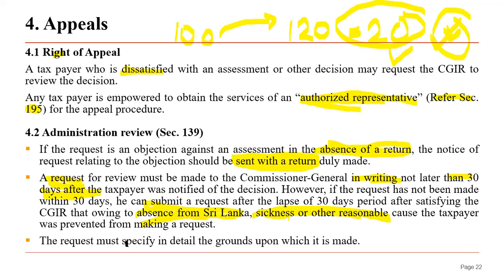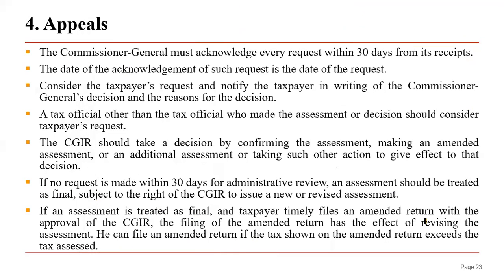So the request must be specified in detail. Then the grounds of appeal are a must, right? Then the Commissioner General must acknowledge within 30 days.